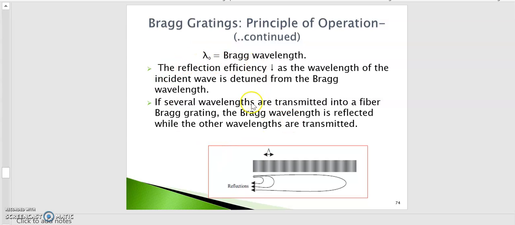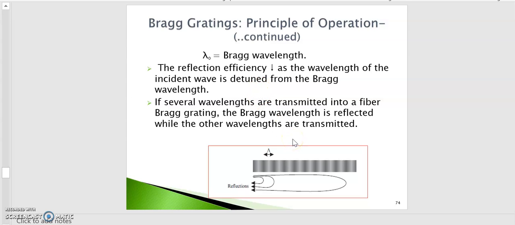Reflection efficiency: how much light is reflected? This reflection efficiency decreases as the wavelength of the incident wave is detuned, that is, moves away from the Bragg wavelength. If the incoming beam has a wavelength away from the Bragg wavelength, the reflection efficiency will be reduced.